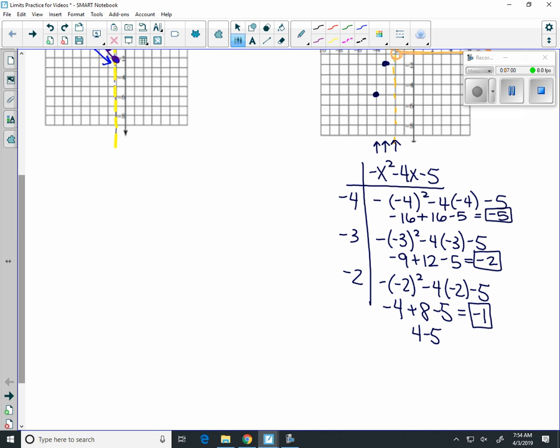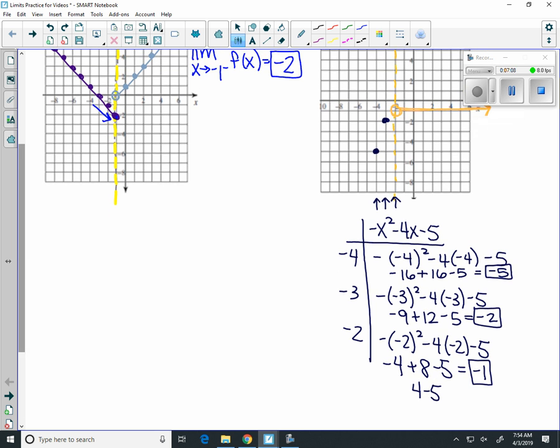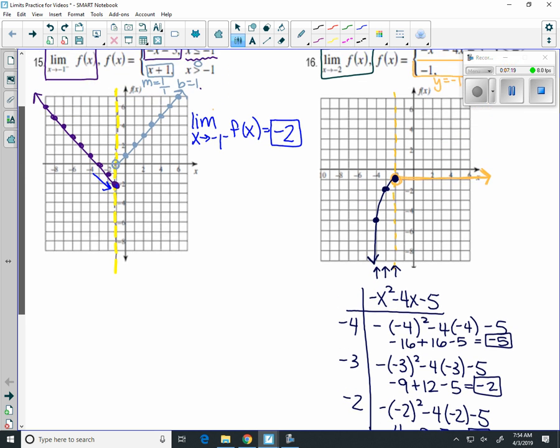So that table really is absolutely reasonable to do. And sometimes with limits, you do just have to brute force bust through a table. So that ordered pair is negative 2, negative 1. And that actually fills in that open circle. So that's what this piecewise function looks like.